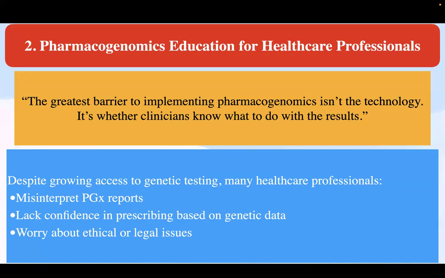Misinterpretation leads to false prescriptions, lack of confidence in prescribing based on genetic data because of lack of knowledge, and worry about ethical and legal issues as well. We already discussed, a whole lecture was dedicated to ethical, legal, and social issues. So some people are also worried about these ethical and legal issues. Okay, so this is the challenge.